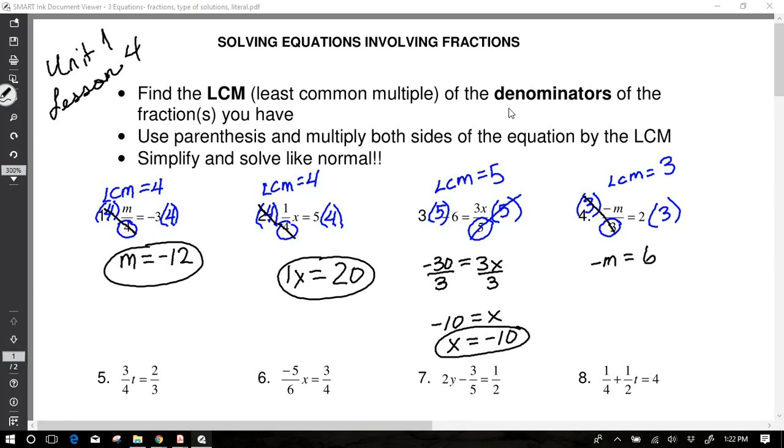And then I cannot leave my variable with a negative sign in front of it. So to get rid of that negative sign, I will divide both sides by -1. And so now I have m equals -6. Great job.